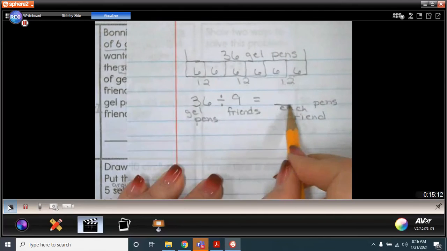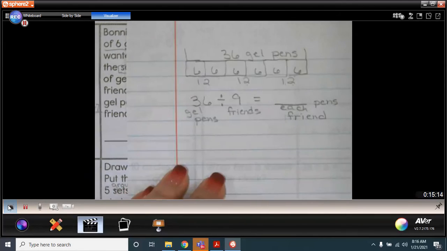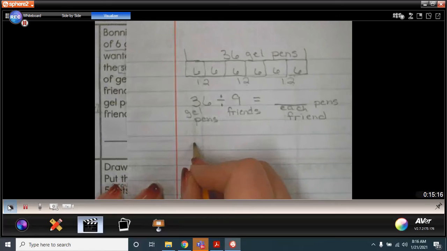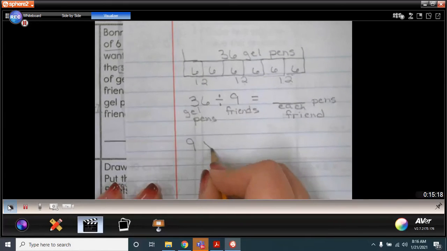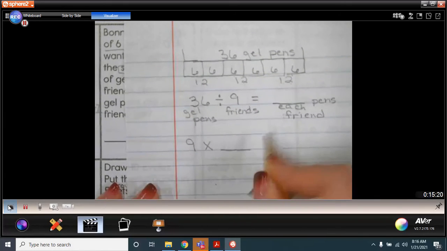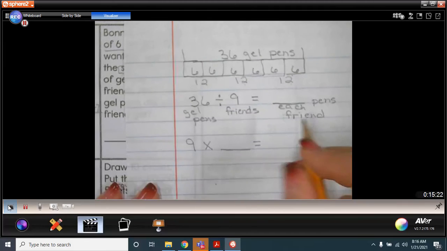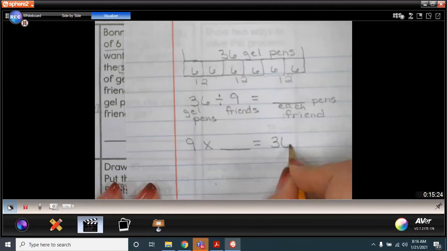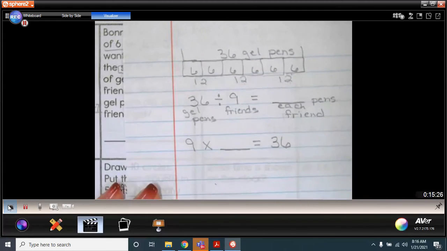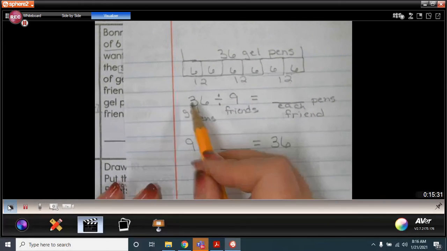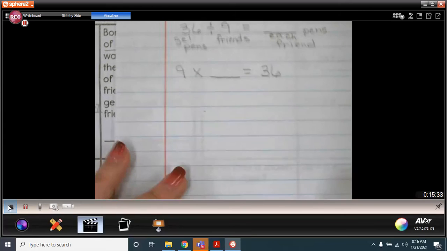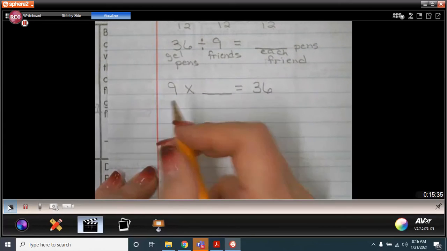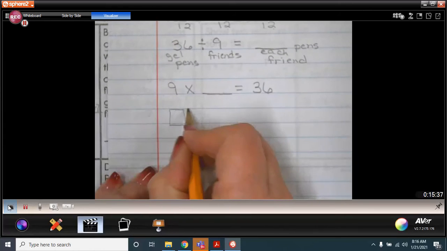So, again, if I knew my multiplication facts, I could take my 9 friends, which are my groups, and put blank or give them blank pens, and that would give me my total of 36 pens, if I know my multiplication facts really well.